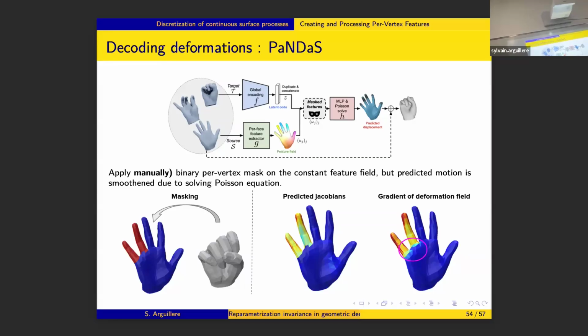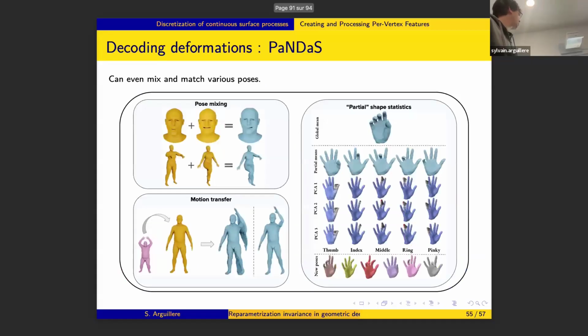And then right before you solve the Poisson equation, you put those that are not on the fingers you chose all to 0. The other ones you keep the same. You solve the Poisson equation to get your deformation, and that way it's much smoother.